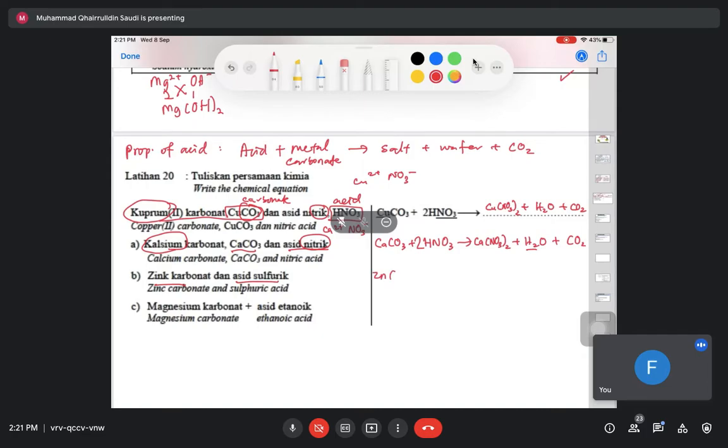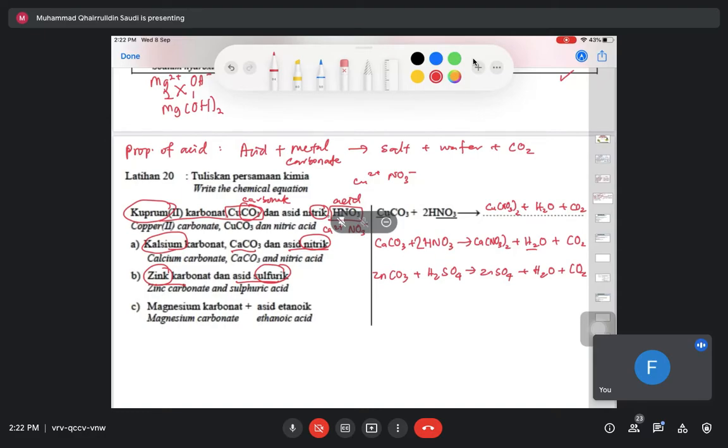Zinc carbonate and sulfuric acid. We'll get salt, water, and carbon dioxide. The salt will be zinc sulfate. Then check whether it's balanced. 2, 2, zinc 2. Yes, it's already balanced.